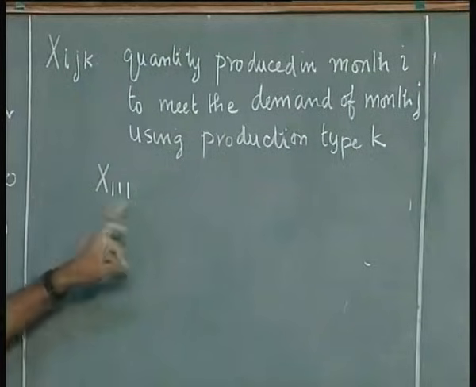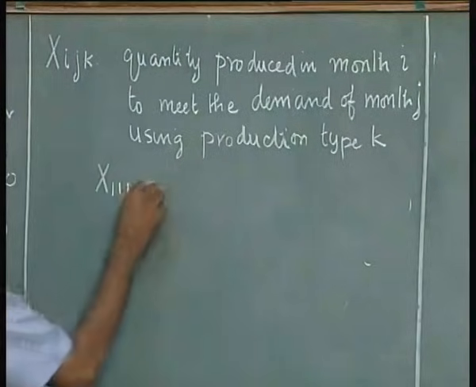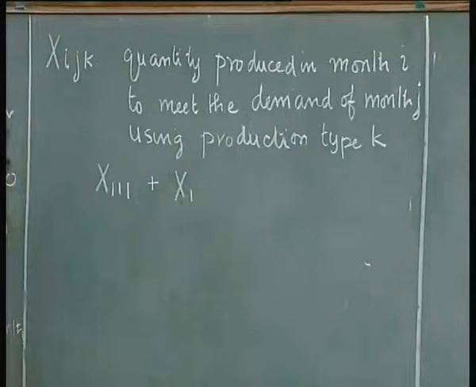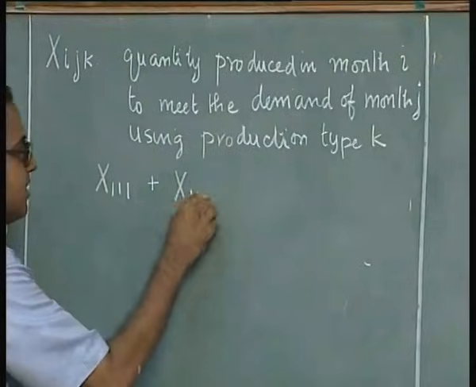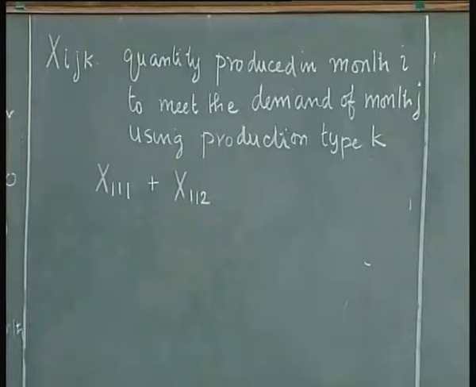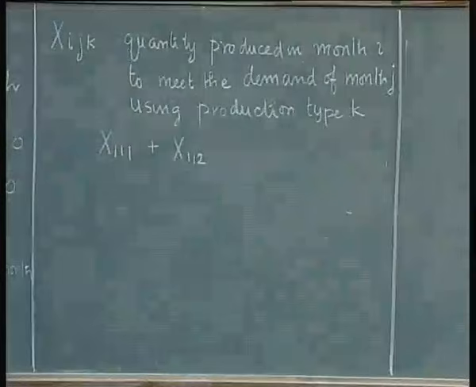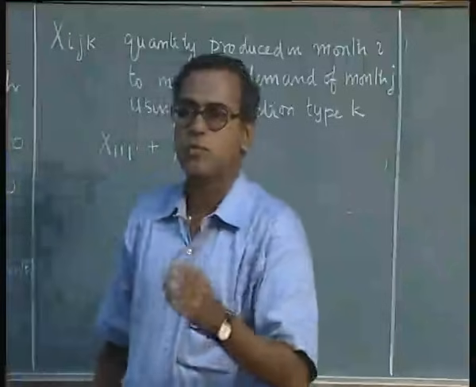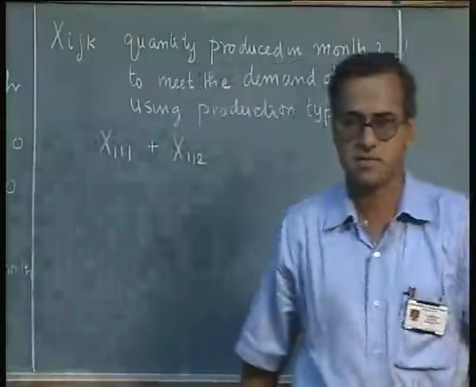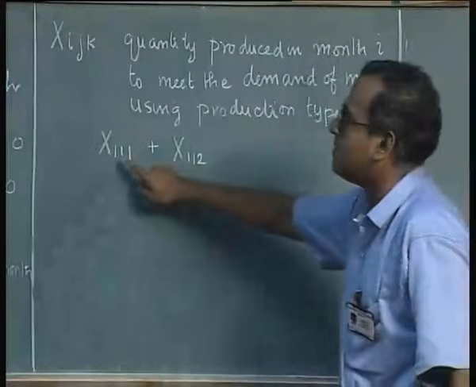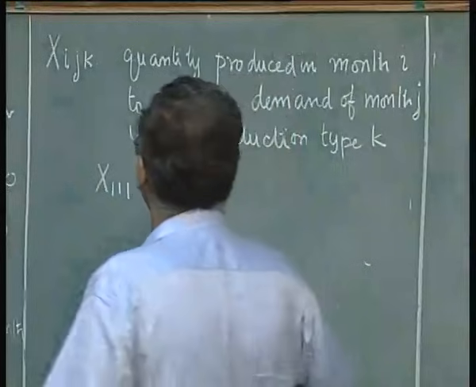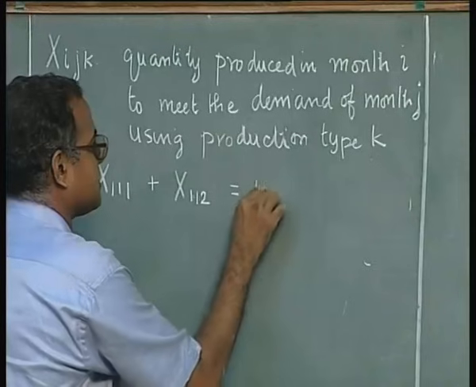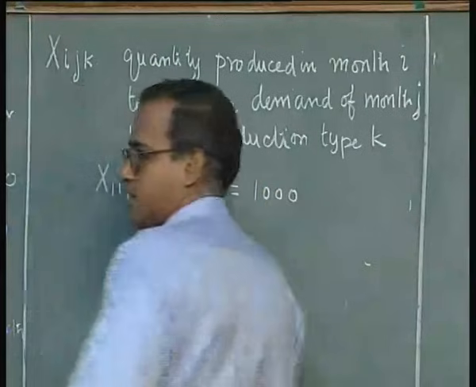So, it is x 111 plus x produced in the first month to meet the first month's demand using overtime. So, these are the only 2 variables that represent the production to meet the demand of the first month. So, x 111 plus x 112 should be equal to the first month's demand, which is 1000.